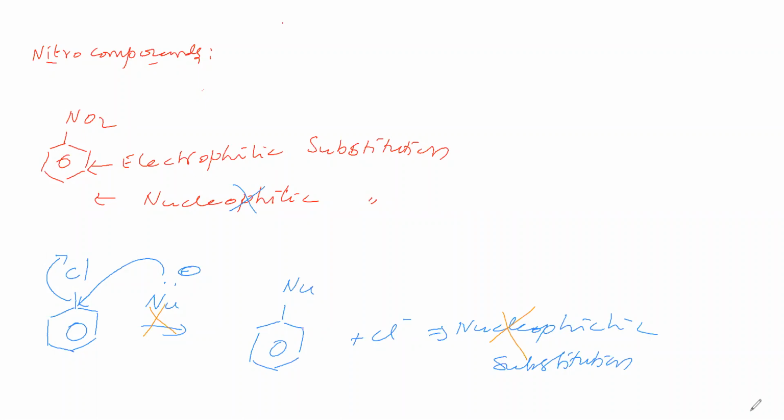So, now we will take chlorobenzene. Now we will introduce an electron withdrawing group at the ortho position and at the para position. Now what happens?